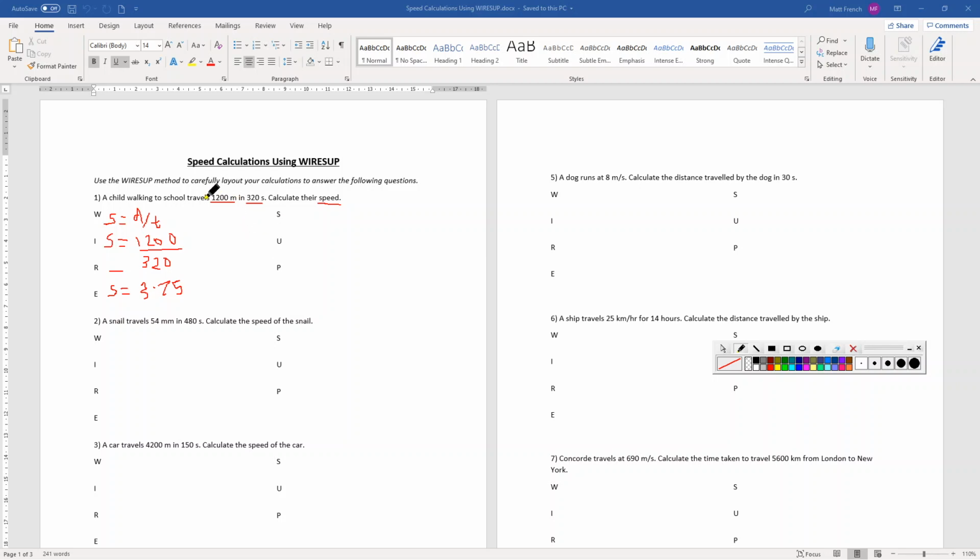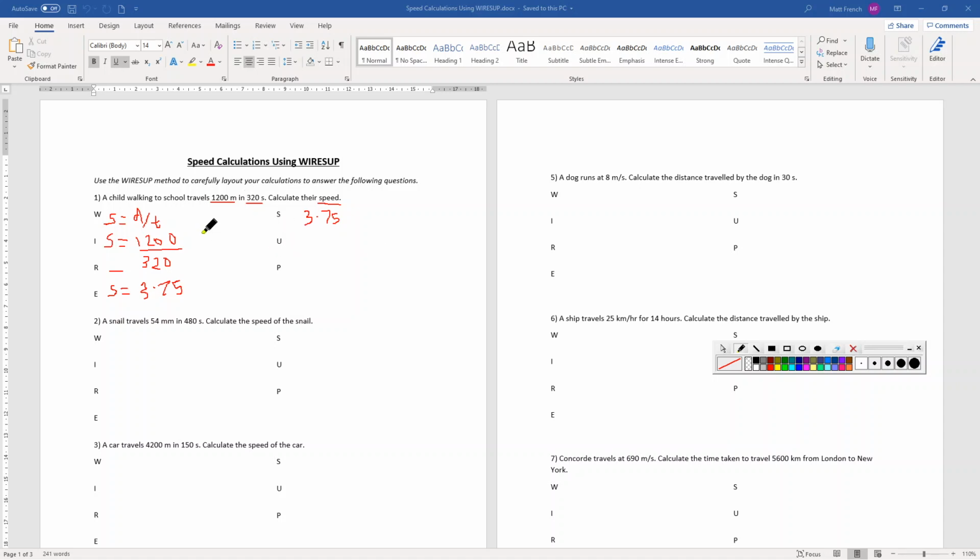So we have a look at the numbers we've got up here, and that could be to 4 sig fig, could be to 3, could be to 2, we're not really sure, it doesn't tell us. This one could be to 3 sig fig, or it could be to 2 sig fig. So we're looking for the smallest number of significant figures. So we're looking for 3.75. That is to 3 sig fig.